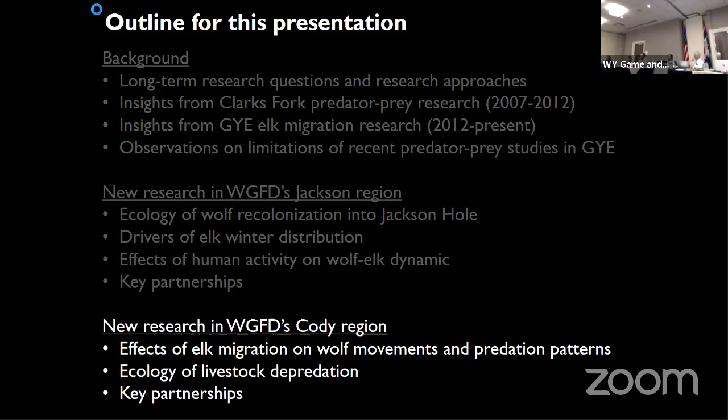And there are long-standing questions in this system about what that means to carnivore predation, prey switching, and influences on livestock. So also questions about the ecology of livestock depredation.